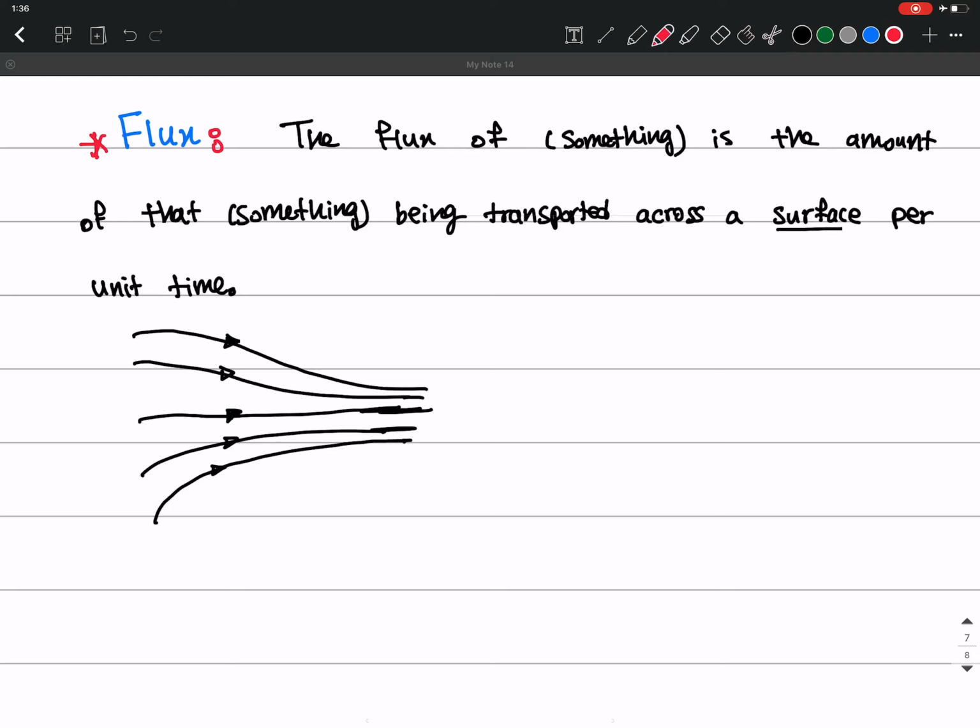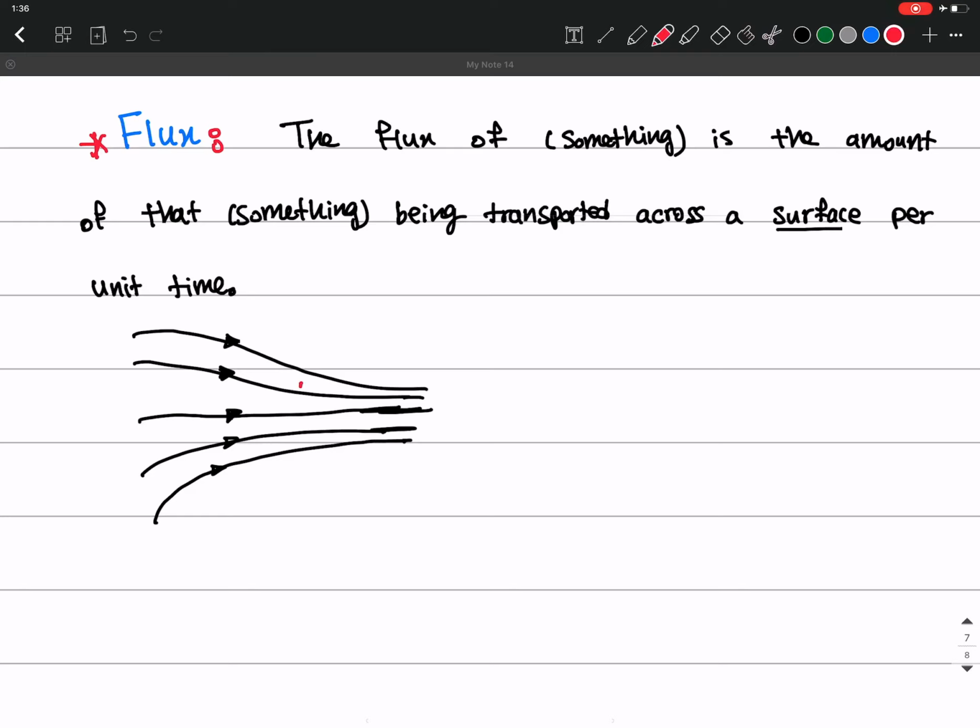In order to find the flux of this flow, we need to first define a surface and then see how much of that something is being transported across that surface per time.